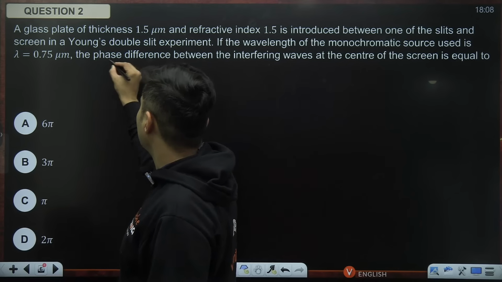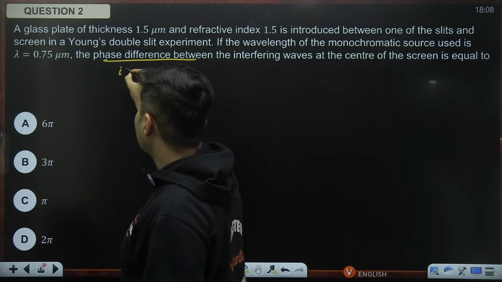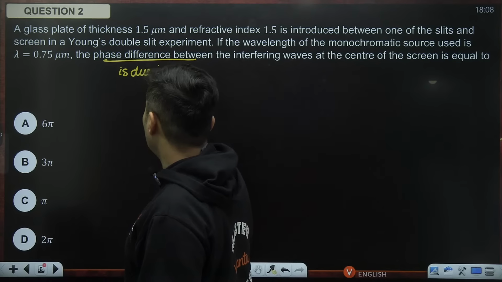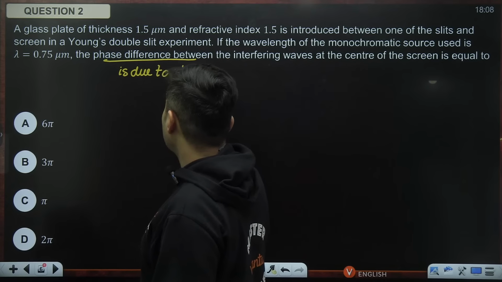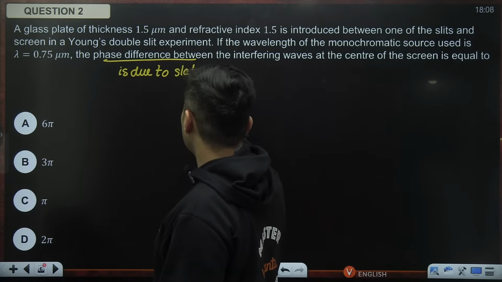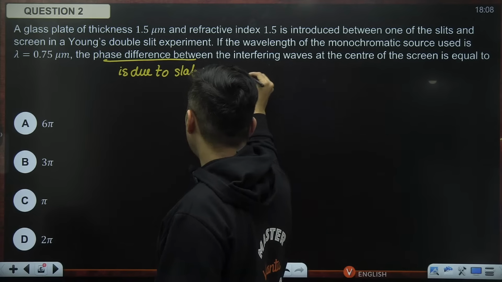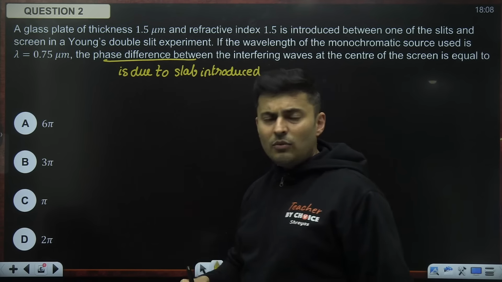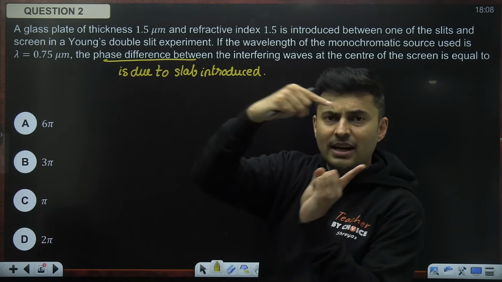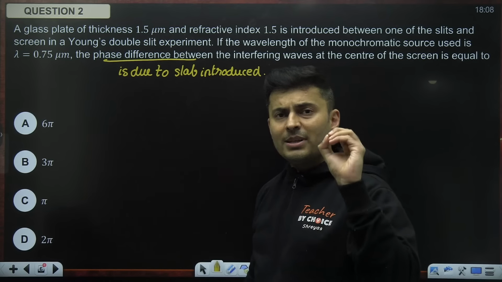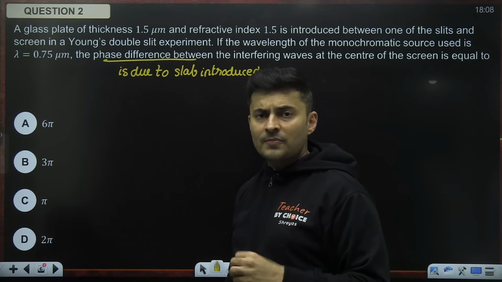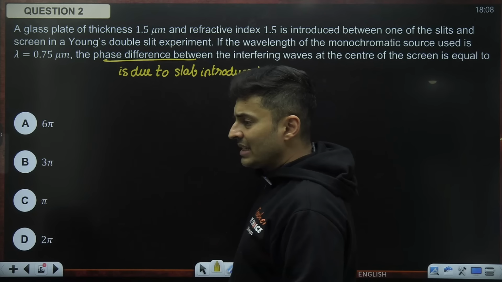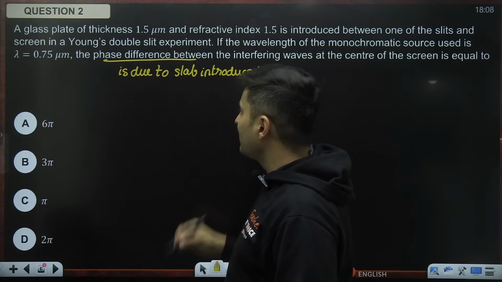That phase difference is due to the slab introduced, because if that slab was not there, both the rays from both the slits would arrive simultaneously, and there would be zero path or zero phase difference. Now because of that slab, there is a phase difference, and how much that is, we have to calculate.